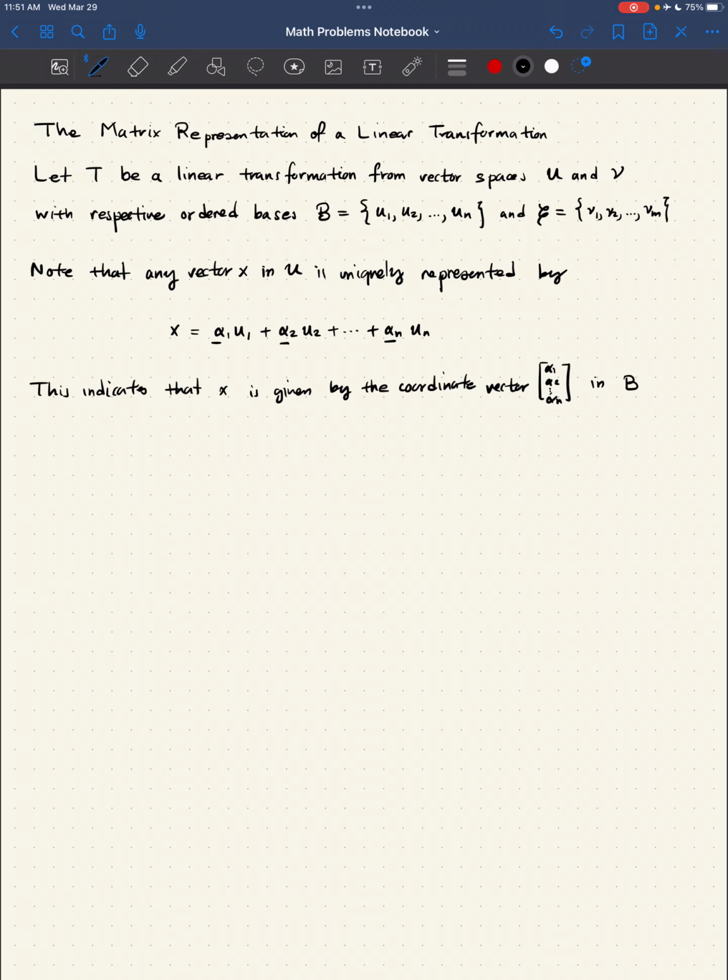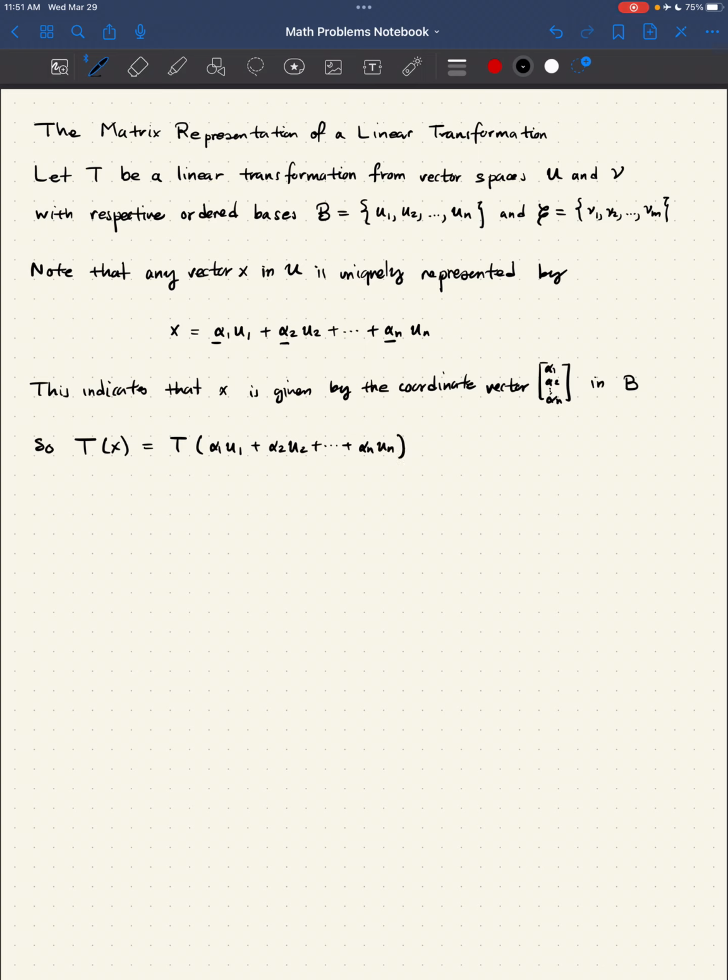Well, what we want to do is extract ideas and relations on the actual transformation. Let's see what happens when we let T act on that vector x. So T of x may be represented as T of alpha 1 u1 plus alpha 2 u2 plus and so on plus alpha n un.